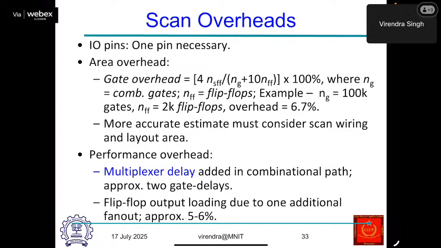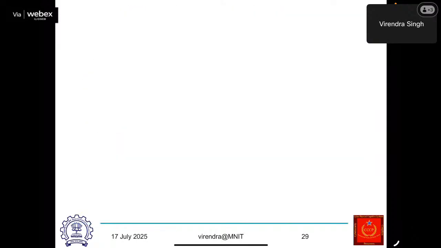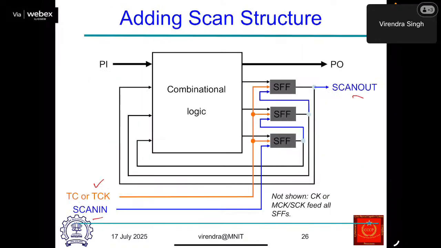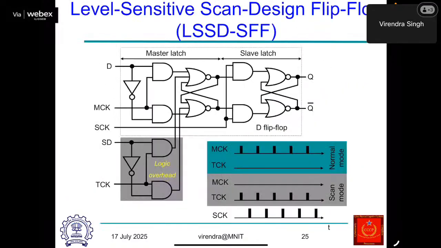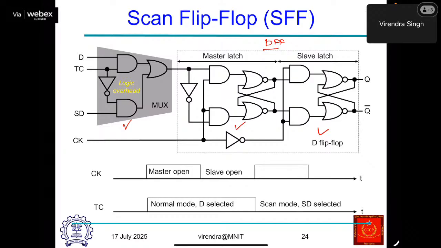Now see, with every flip flop, maybe a rough calculation: every flip flop has how many gates, I guess. 1, 2, 3, 4, 5, 6, 7, 8, 9, 10. 10 gates. Along with the 10 gates, I am adding 4 more gates. This is the additional overhead.